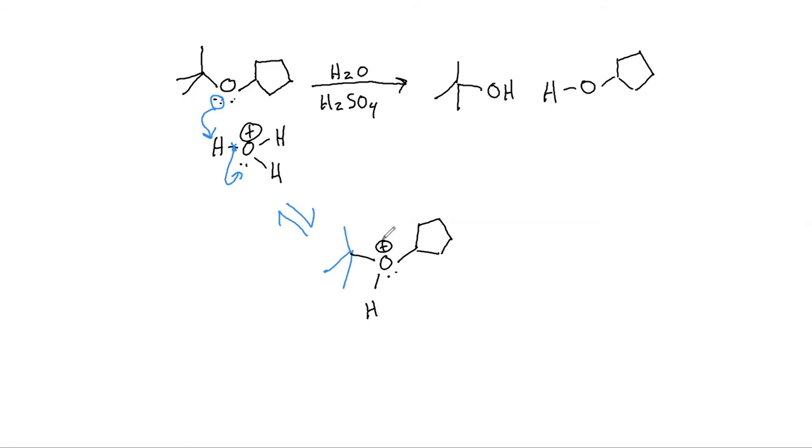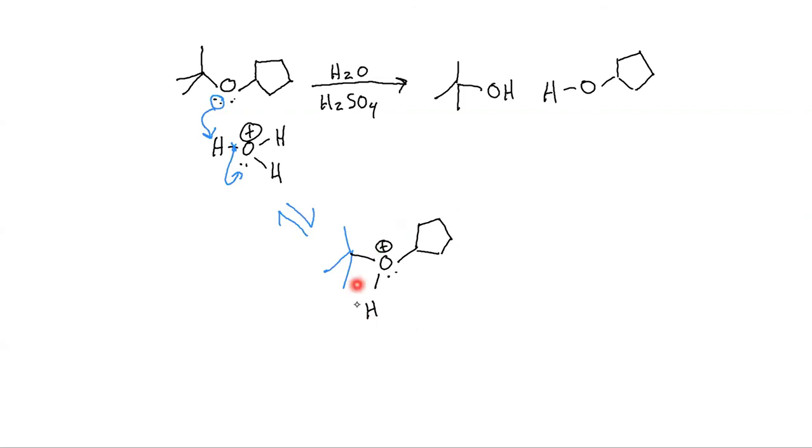Now, we're under reactions that favor SN1 conditions, SN1 and E1 being unimolecular, where a carbocation is formed. So in this case, with our asymmetric ether, we want to consider which side is going to be the leaving group.